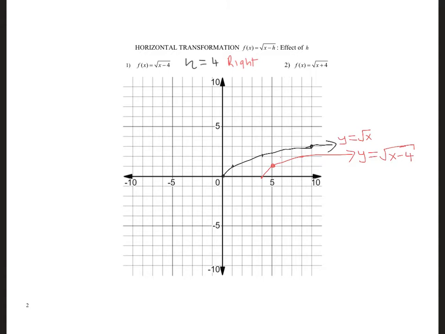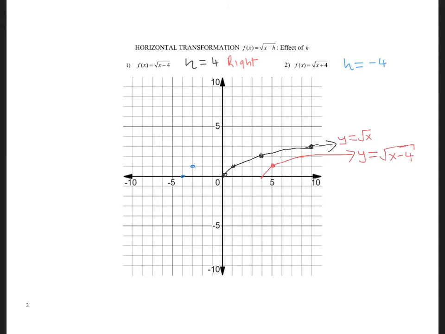And then let me graph the other one. The other one is going to be x plus 4. So here h is negative 4. So I'm going to move every point. So these points I have here, I'll move them to the left 4 units. So this is going to be right here.